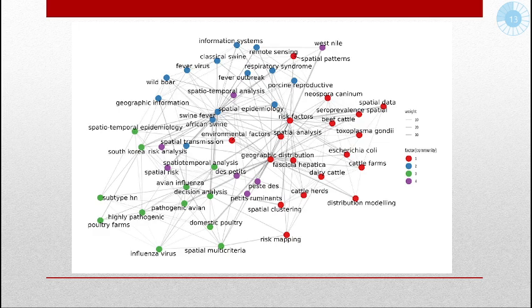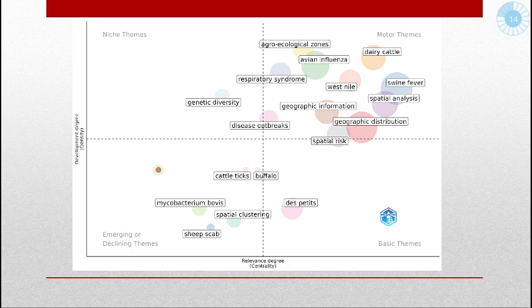So actually each node is forming a community, and then there are links within the community and between the communities. So this is the base for this thematic map.